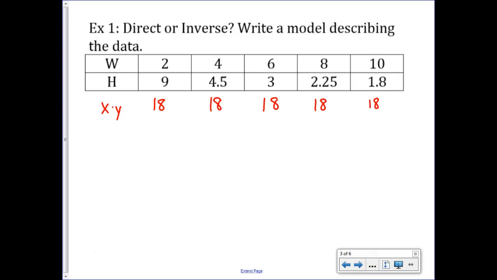If I try to do y divided by x, 9 divided by 2 is 4.5, 4.5 divided by 4 is 1.125, and so on. It doesn't match, and so since the product x times y worked, that means we are dealing with inverse variation.